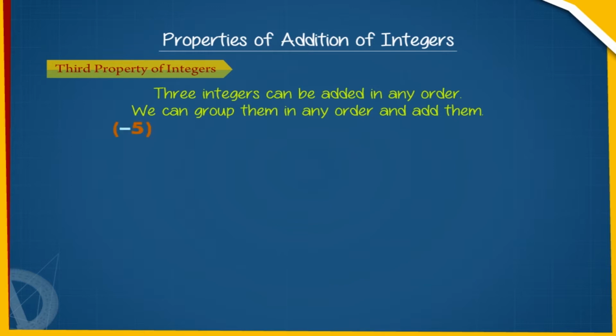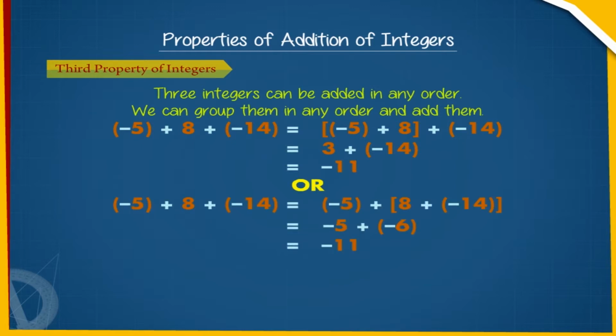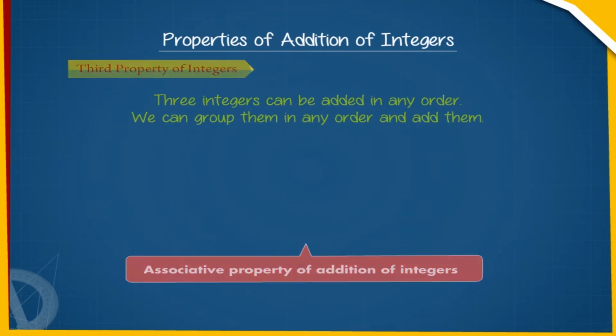Minus 5 plus 8 plus minus 14 is equal to minus 5 plus the sum of 8 and minus 14, which is equal to 3 plus minus 14, which is equal to minus 11. This is known as the associative property of addition of integers.